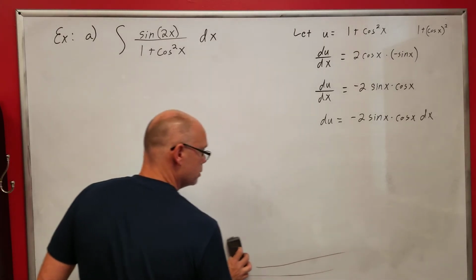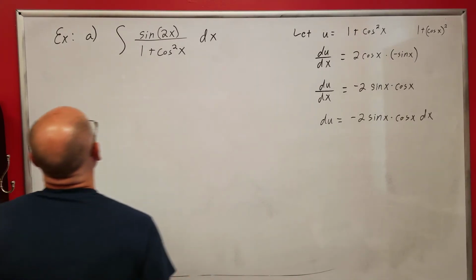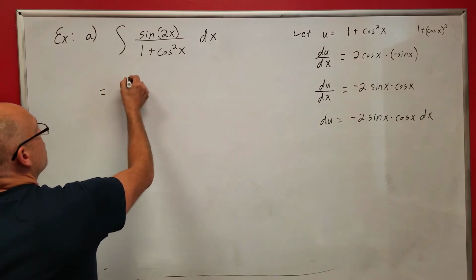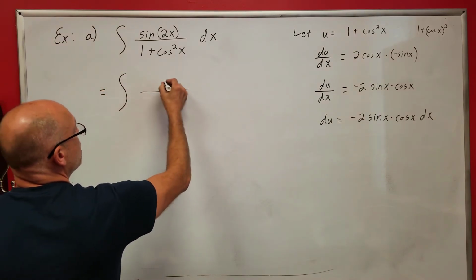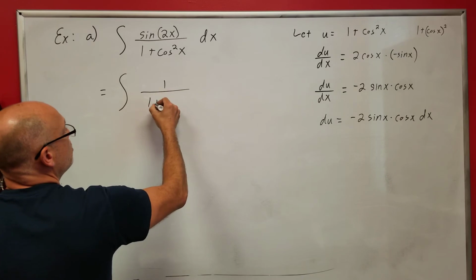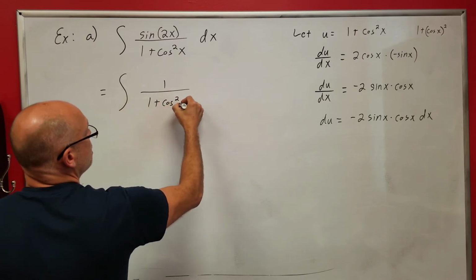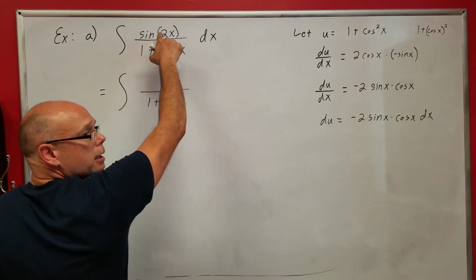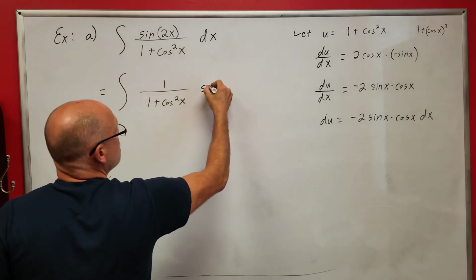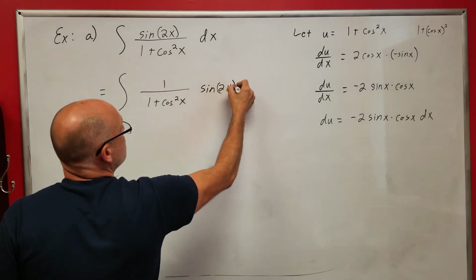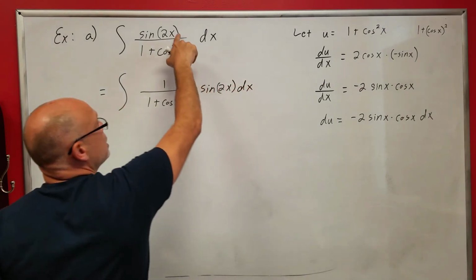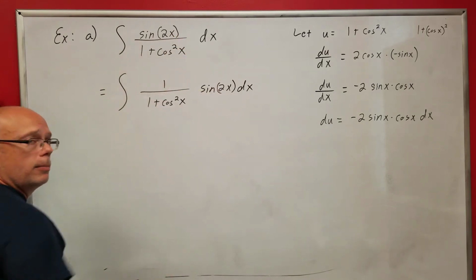Get rid of this stuff. All right, so let's try this, okay? We're going to do a rewrite. We're going to say this is 1 over 1 plus cosine of x squared times sine of 2x dx. Now, all I did was factor this sine out the top, okay?